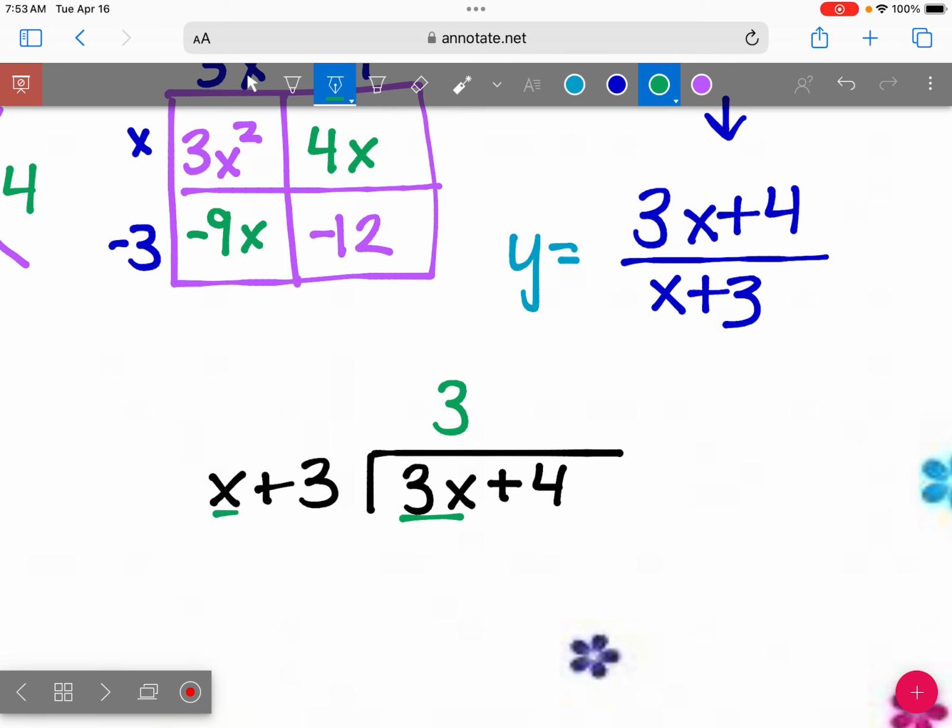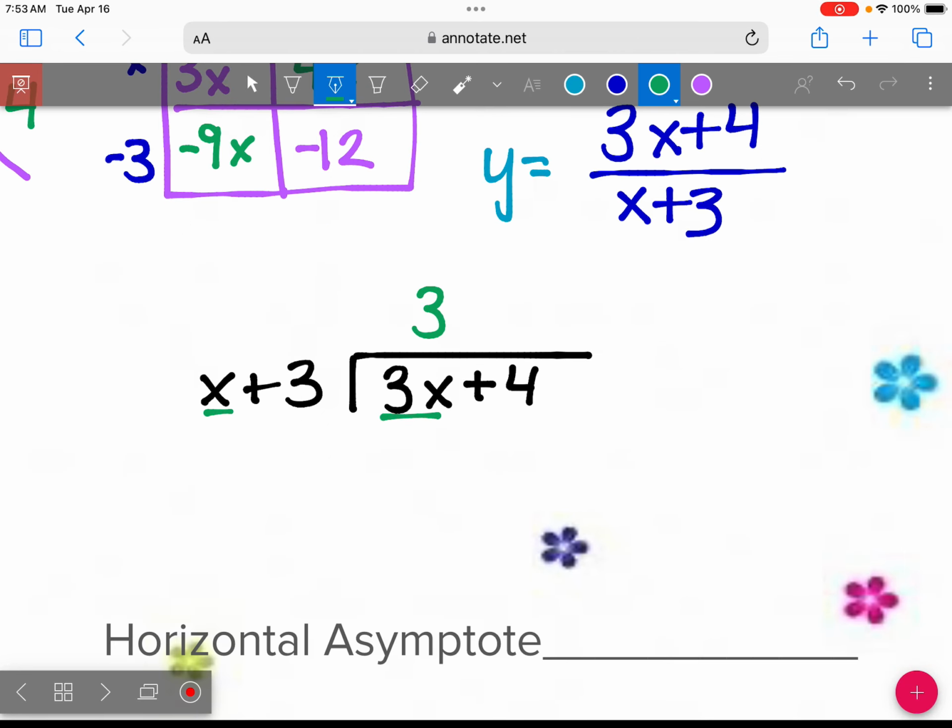We're looking at that first term divided by the first term. That's going to give us 3x plus 9 underneath, and that's the piece we subtract. 3x minus 3x, those guys cancel out, and we're left with 4 minus 9.